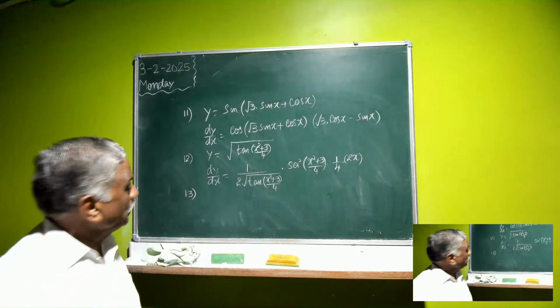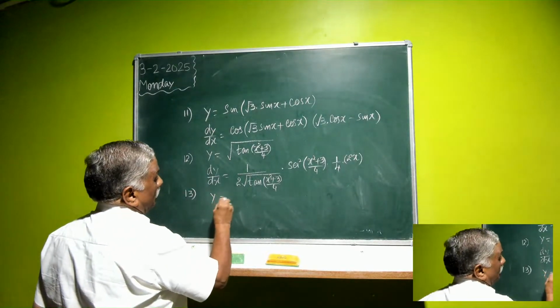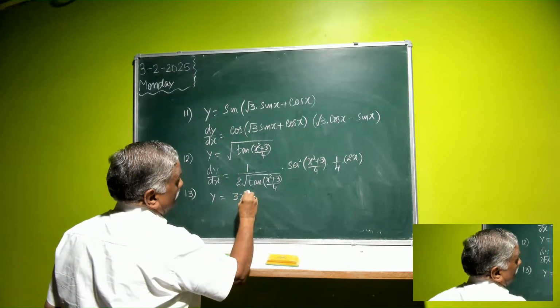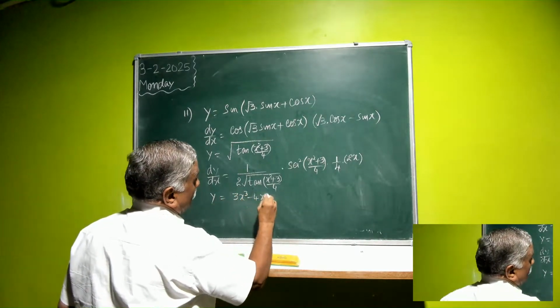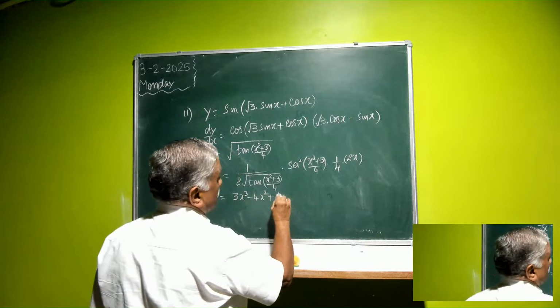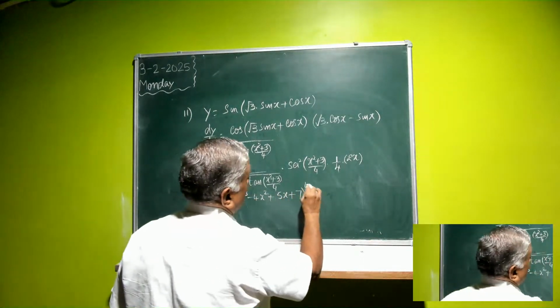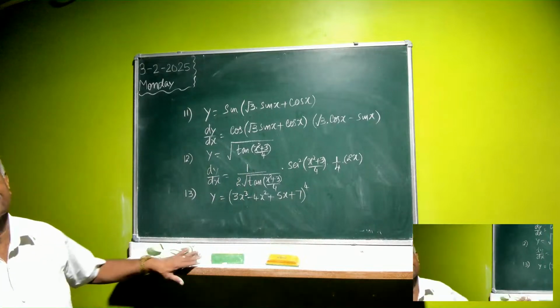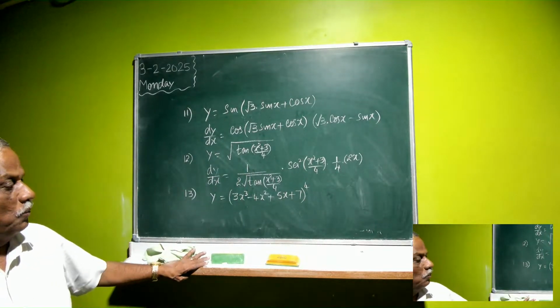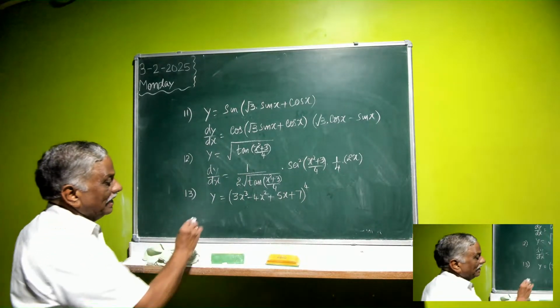y is equal to 3x cube minus 4x square plus 5x plus 7, to the power of 4. Now, we have to find dy by dx.